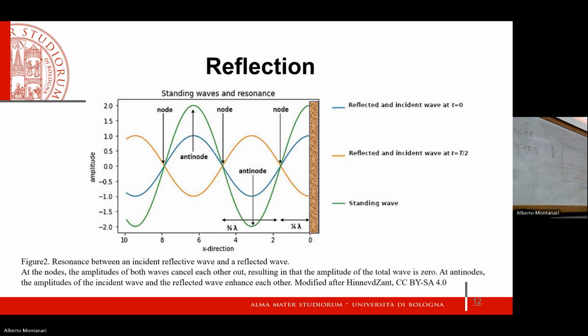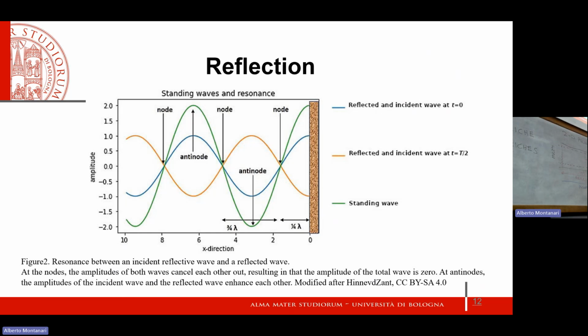There is no change in this direction. No change in the transversal direction. So this is a 2D problem. Why 2D? Because you have changes, for instance, of the water level.